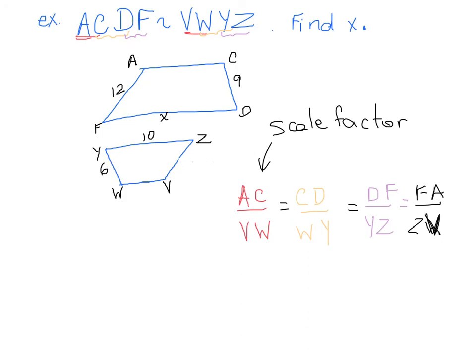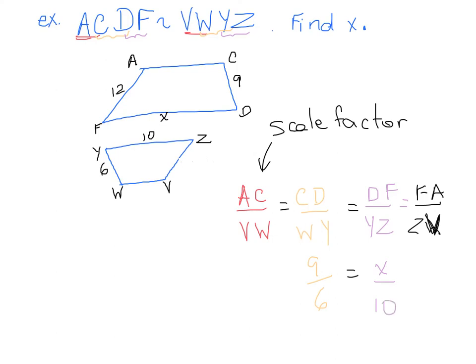So let's go ahead and set that up. CD is 9 over WY, which is 6, is equal to, and we're trying to find DF, so it's equal to DF, which we don't know. All we know is that it is x. Over YZ, but we do know YZ, which is 10.